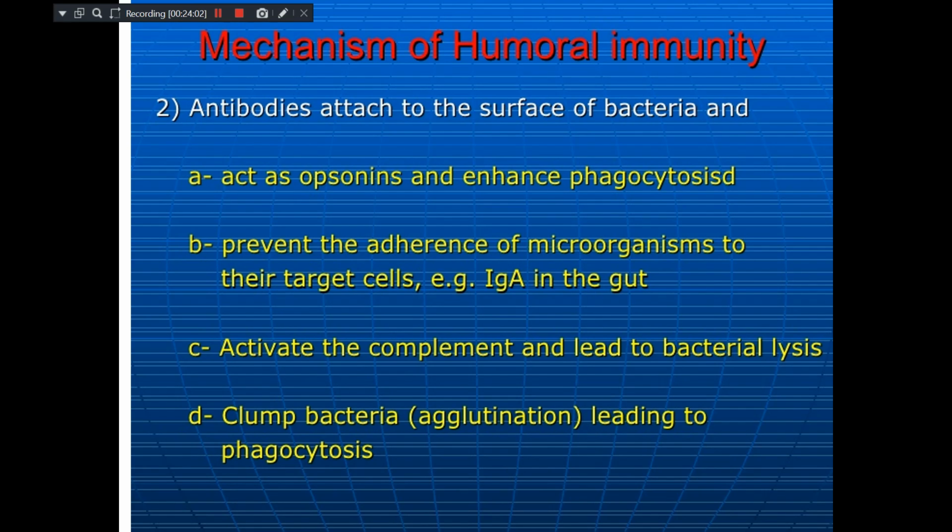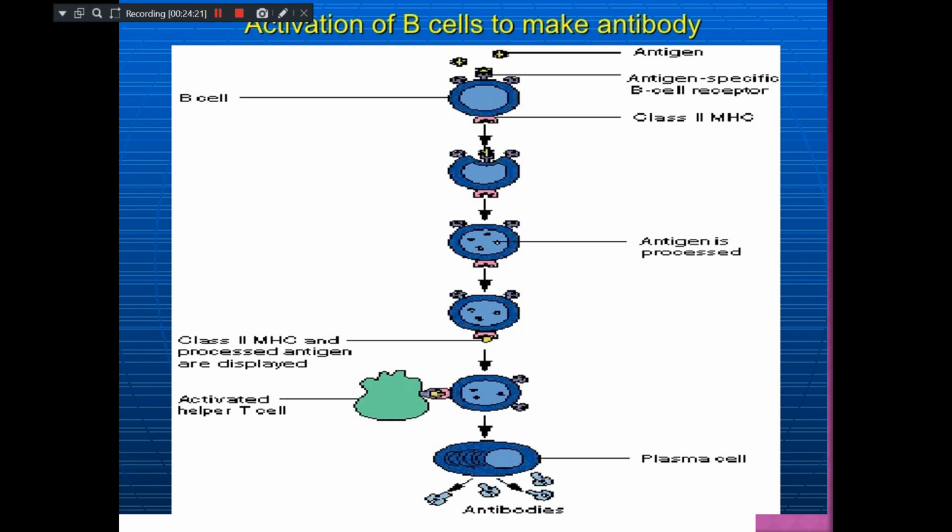Sometimes, if there is a large number of bacteria, they make a clump of bacteria in the agglutination process. All the bacteria get agglutinated and then they are phagocytized. That means they are tackled by the cell-eating process. So this is the mechanism.